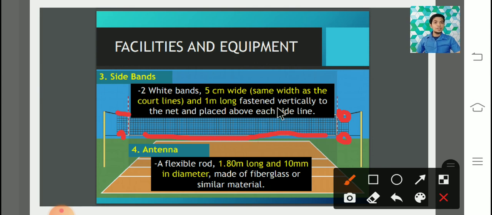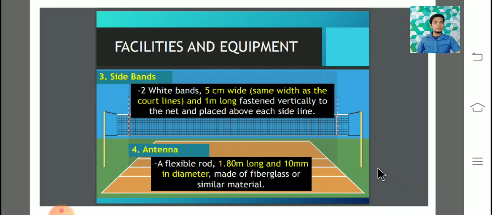So it measure 5 centimeters wide. So kagaya ng mga lines natin, it measure 5 centimeters wide. Same sila ng measure. Kapag hindi nyo alam mag-measure ng court, you can use the wide bands or the side bands of the volleyball nets.